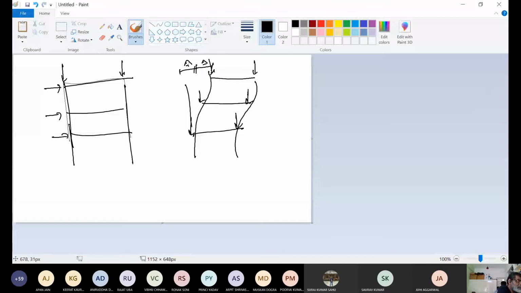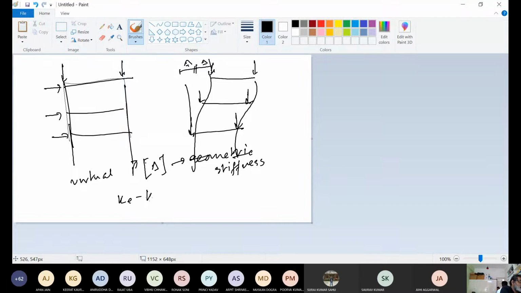Is this making sense? Because of this shift, there is another term which is coming in your virtual work equation, which is some P matrix times your delta matrix. And this ends up becoming your geometric stiffness. And your actual stiffness is K elastic, which is your elastic stiffness that I talked about earlier, minus your geometric stiffness.